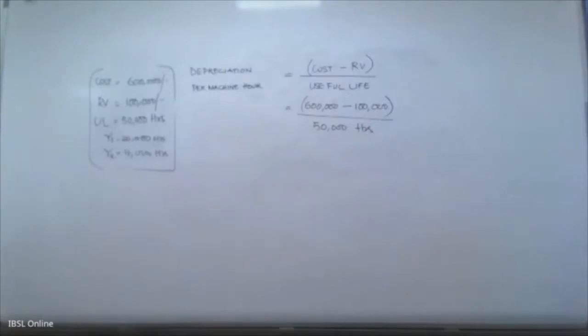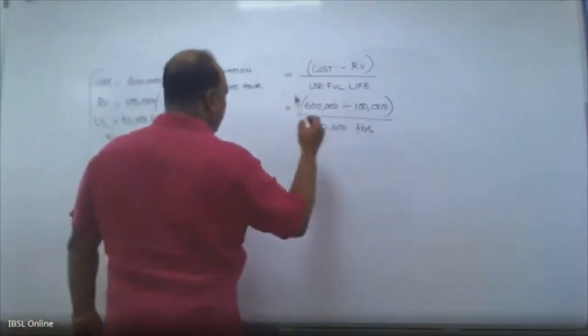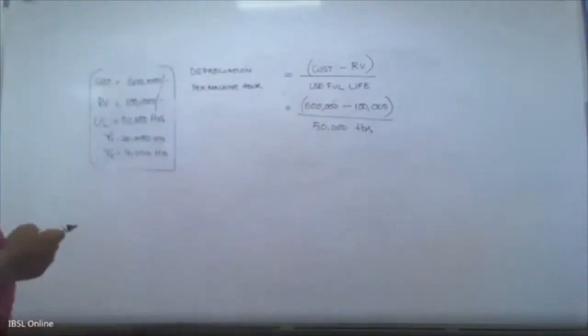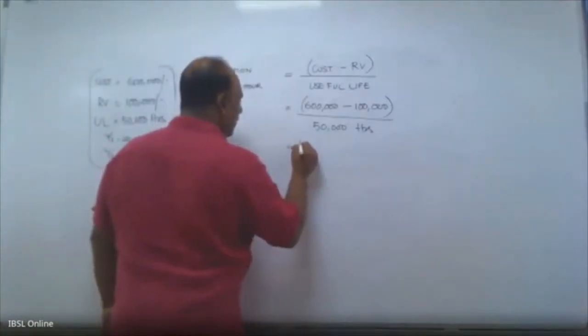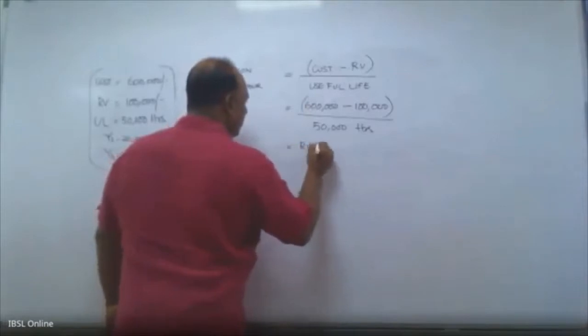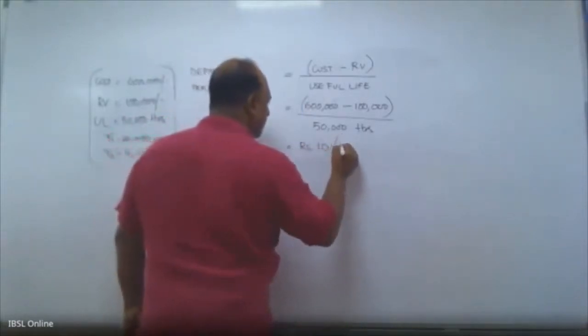So when you have 50,000 hours, 600,000 minus 100,000 is how much? 500,000. So when you divide that by 50,000, what do you get? Your depreciation will be 10 rupees per hour.